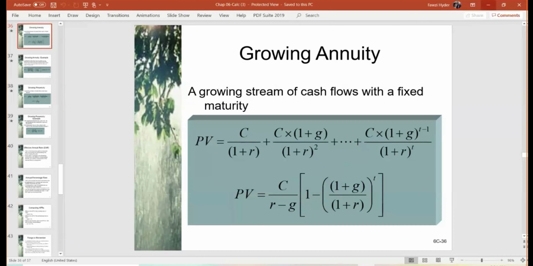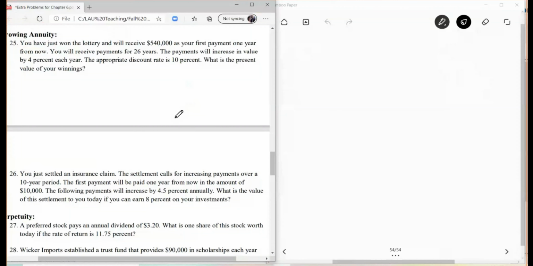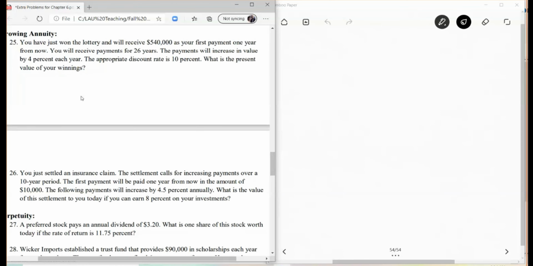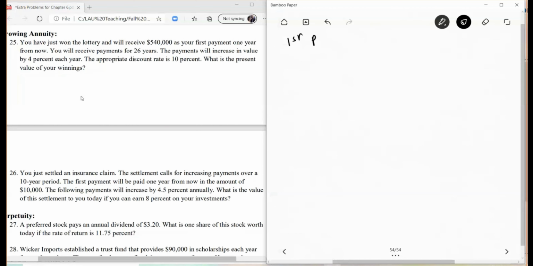So now you have just won the lottery and you will receive $540,000 as your first payment 1 year from now. So this is payment number 1, $540,000.